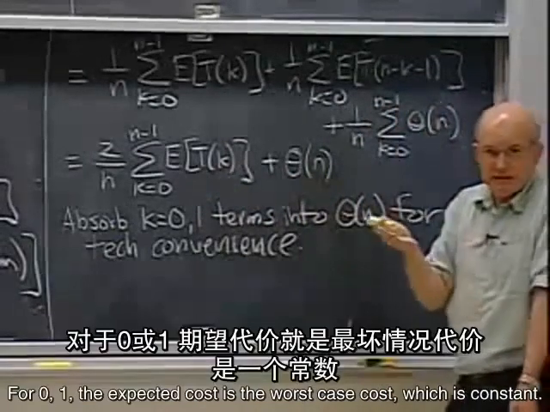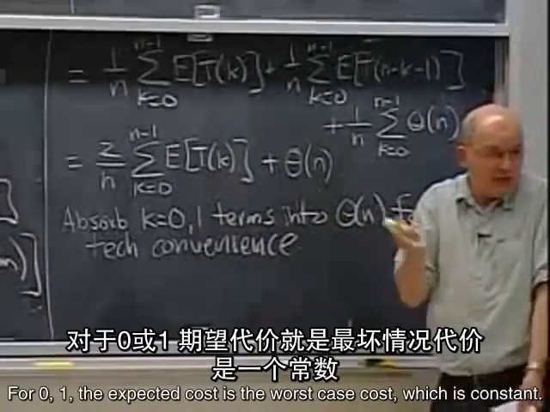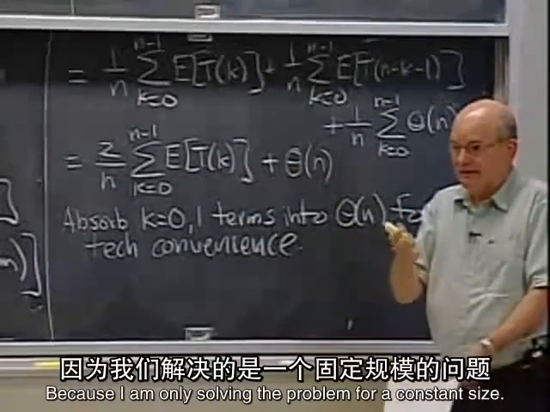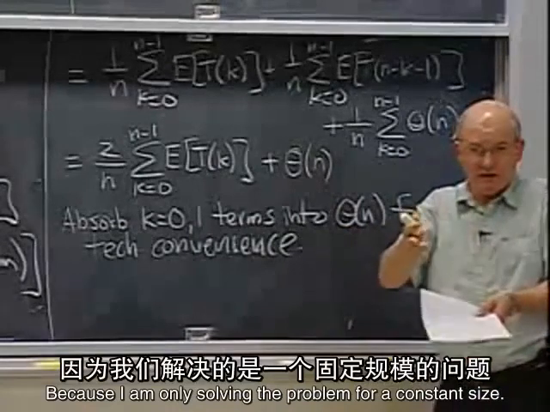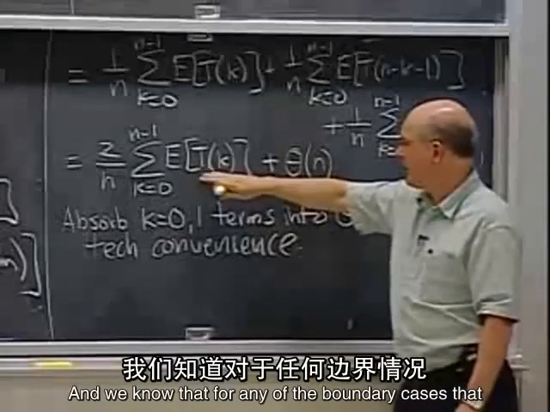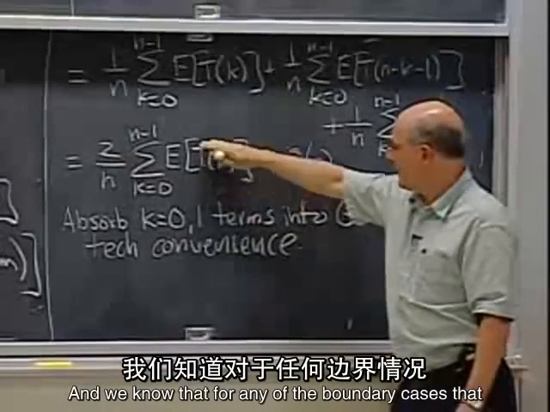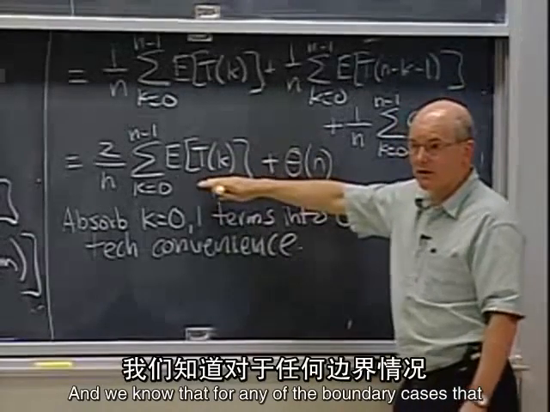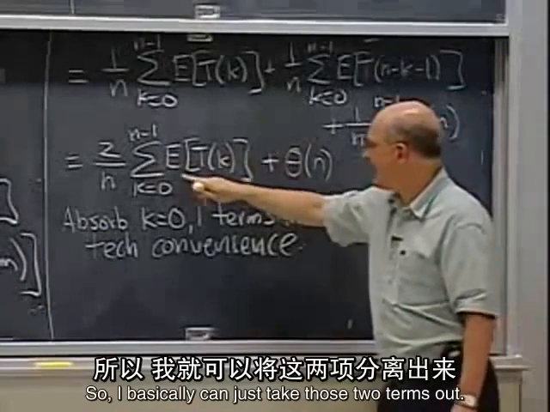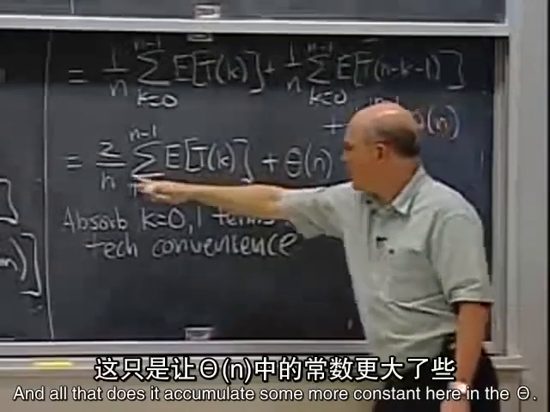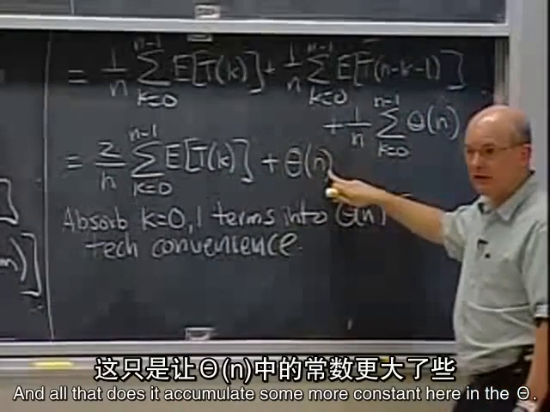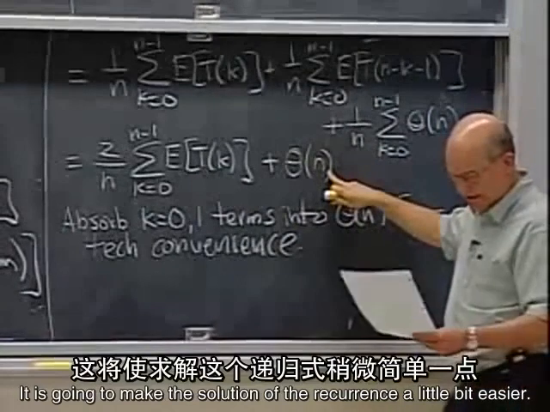It's the expected cost, most of the worst case cost, which is constant, because I'm only solving the problem for a constant size. And we know that for any of the boundary cases, our assumption is that it's constant time. So I can basically just take those two terms out, and all that does is accumulate some more constant in the theta n. It's going to make the solution of the recurrence a little bit easier.